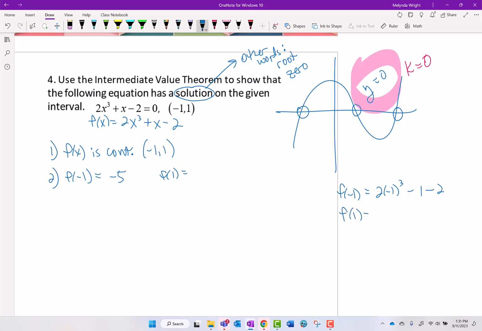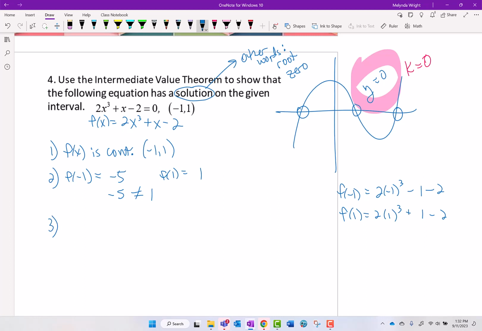You know, f of 1, I plugged a 1 in, cubed plus 1 minus 2, and I got a 1. So I have to say negative 5 does not equal 1. You have to put that part. You can't leave it out. All three of those things are necessary for step 2: the number values and saying they're not the same. Is that okay?